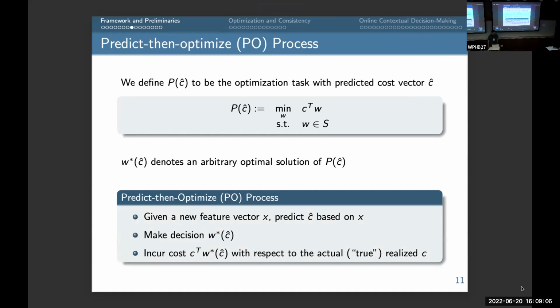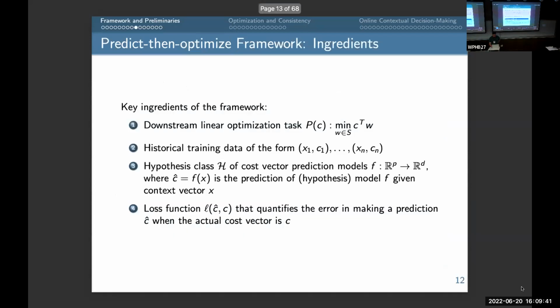So given any prediction C hat based on some machine learning model, where C hat is some prediction given an observed context, the predict and optimize process basically says we plug in C hat into this problem: minimize C hat transpose W subject to W in S. And then we make our decision, W star of C hat, depending on this prediction. But then the cost that we incur is ultimately with respect to the true or realized value of C. So the cost that we incur is C transpose W star of C hat.